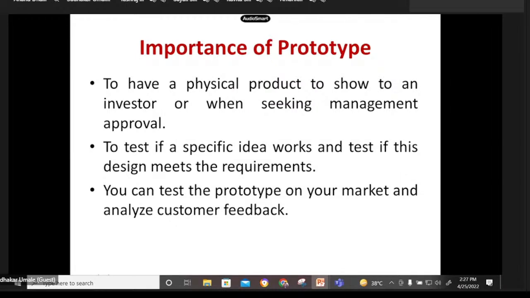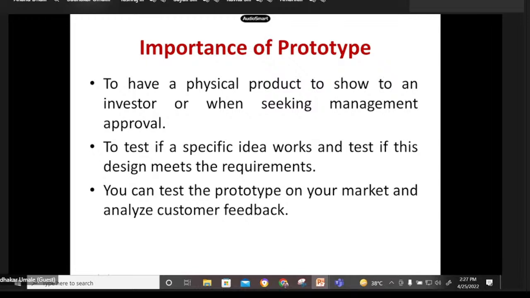This prototype can be shown to the investor, then he will observe it, he will give the permission for the particular product or seeking management approval. So management is the owner of this company and they want to see the model, that is the prototype. When they observe the physical prototype, they will give the final permission for the product.